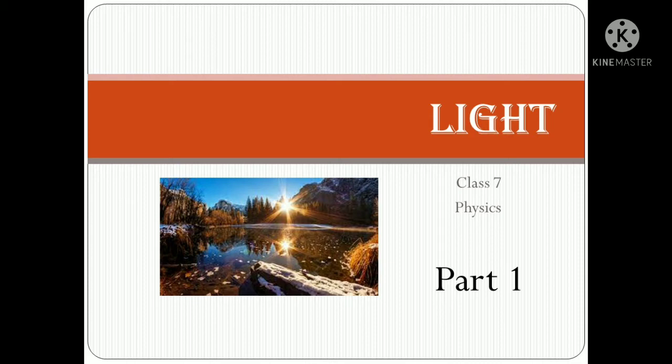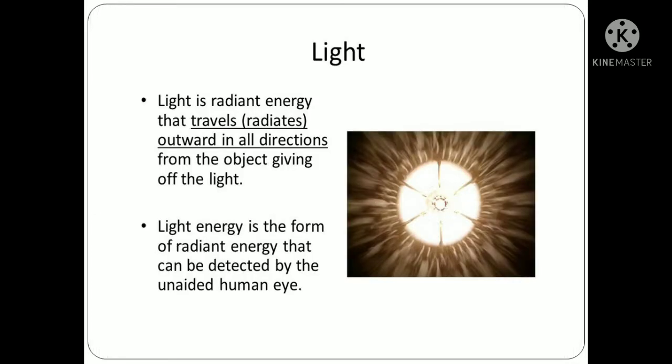Before reflection of light, we have to know what light is, isn't it? Light is a radiant energy that radiates outward in all directions from the object giving off the light, like a bulb or our sun, from which we get solar energy.